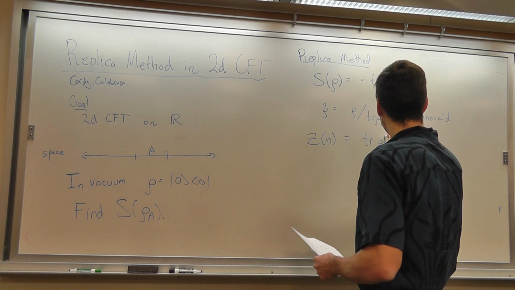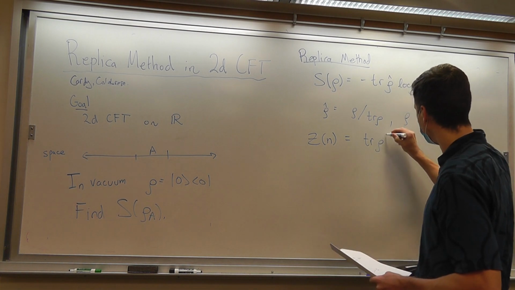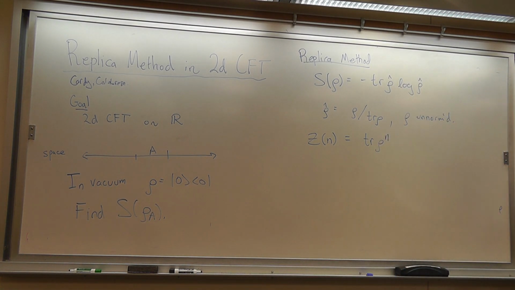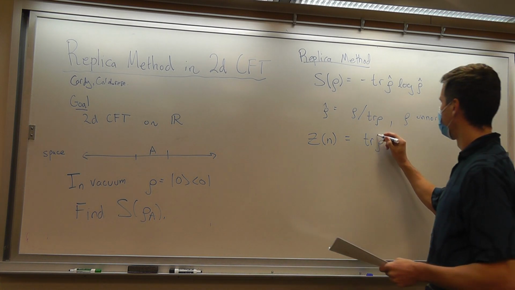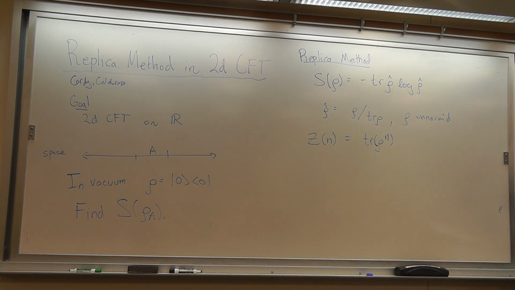So the idea is to consider a replicated system where you have n copies and calculate trace of rho to the n.